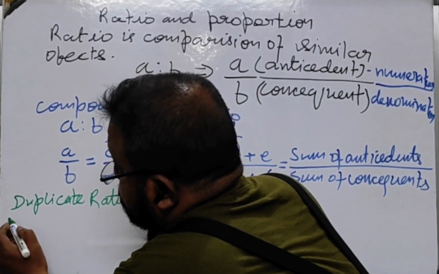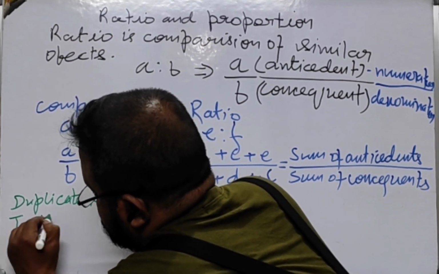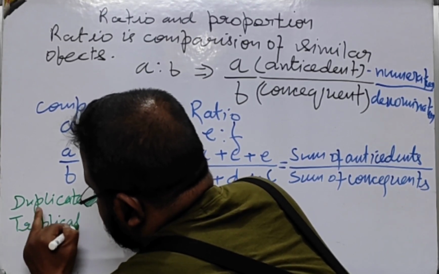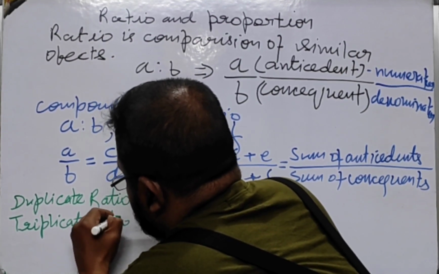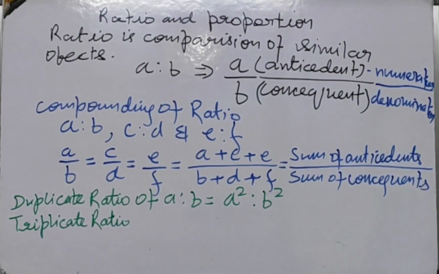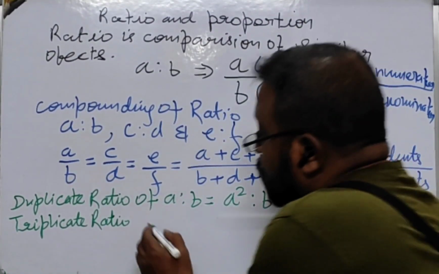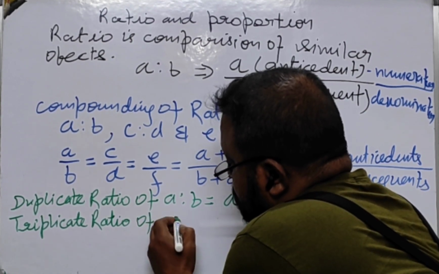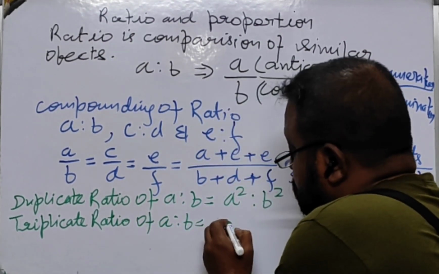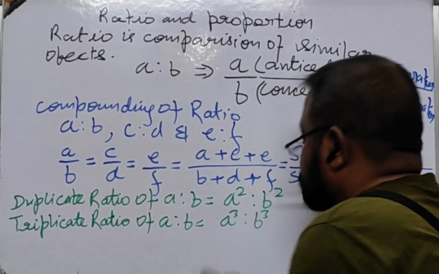Now we have triplicate ratio. Triplicate ratio of A ratio B is equal to A cube ratio B cube, right?